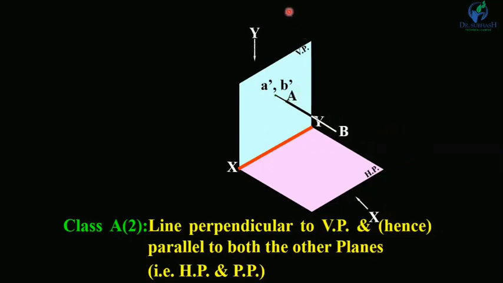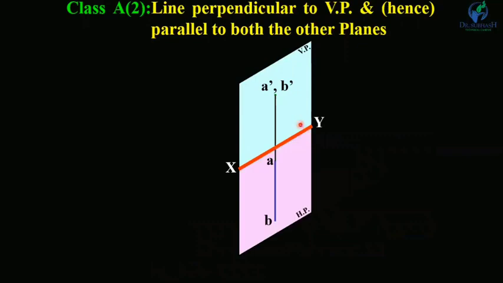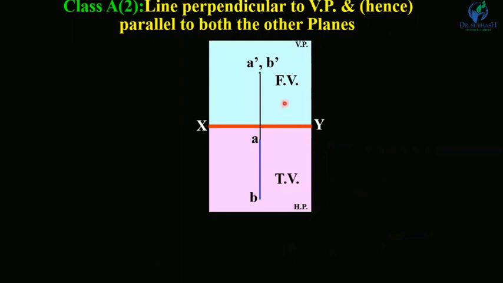Now, looking from the top, the projections of A and B, this AB is the top view. Now, if we rotate this horizontal plane by 90 degrees, you can see here the line is perpendicular to the VP.